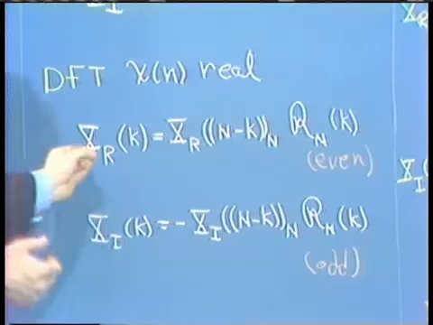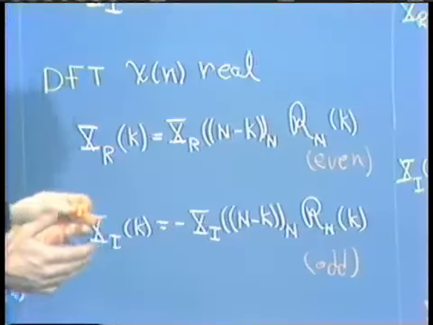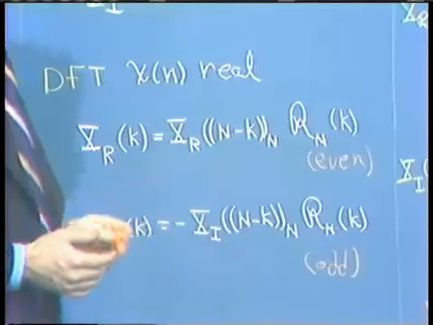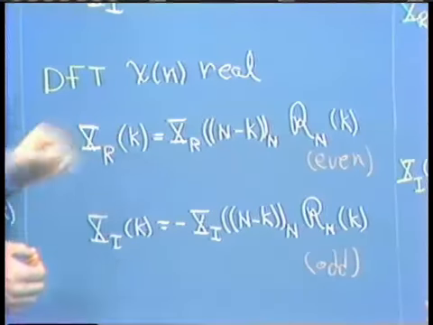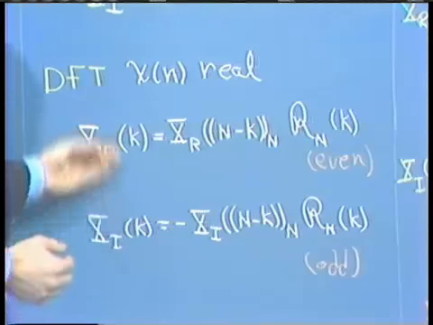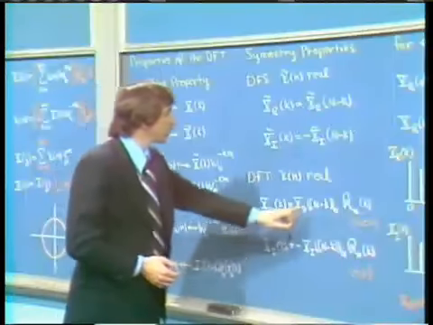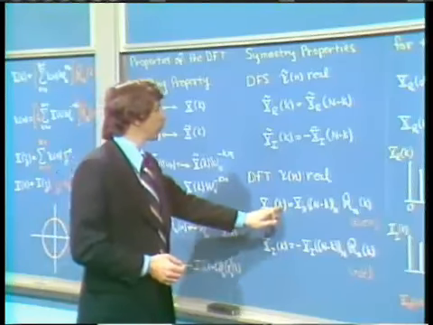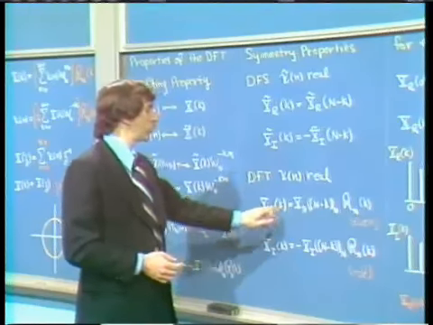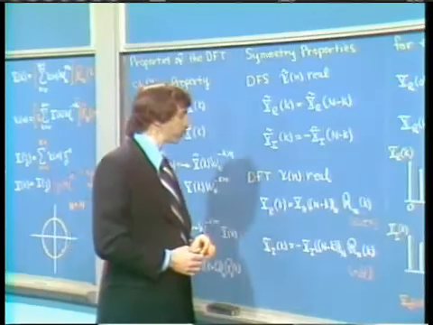Well, to see what this expression means, it looks a little involved. It's got some modular things in it and multiplying by a rectangular window. But that's mainly notational formalism. And what these two expressions are saying are very straightforward. Let's look, for example, at what this implies for k equal to 0 or for k equal to 1.